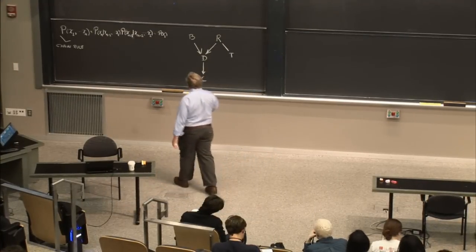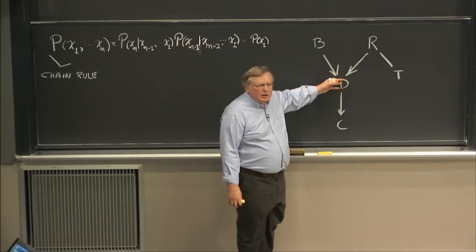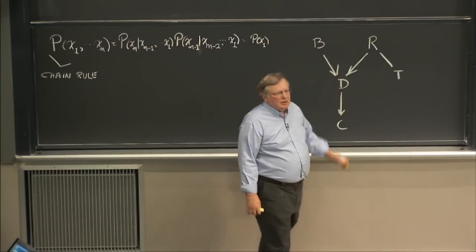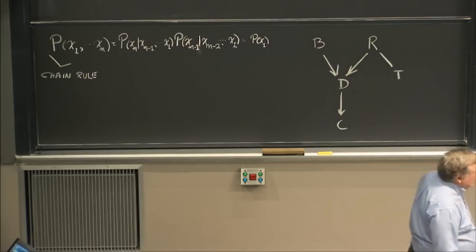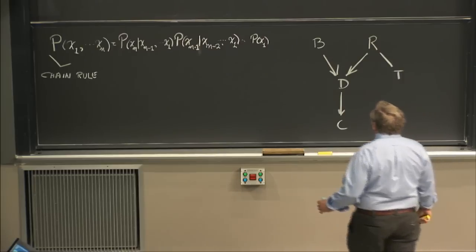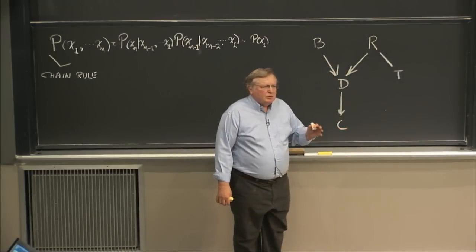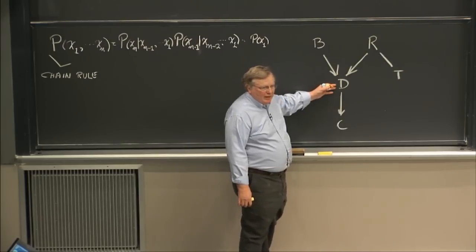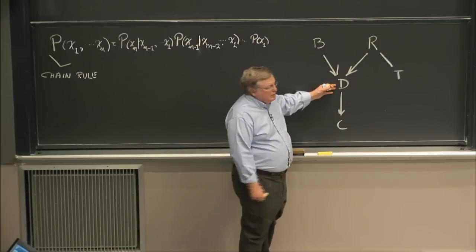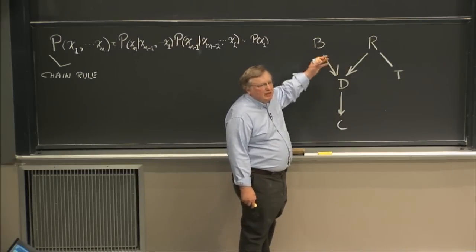But we're able to do some magic with this because we humans, when we draw this graph, are making an assertion about how things depend or don't depend on one another. In particular, there's something to write down and memorize to the point where it rolls off your tongue. And that is that any variable in this graph is said by me to be independent of any other non-descendant given its parents.